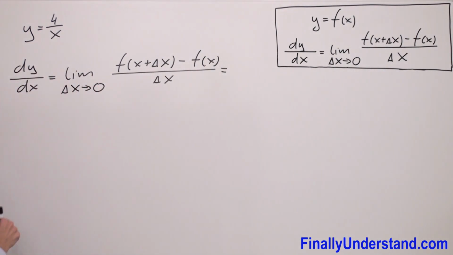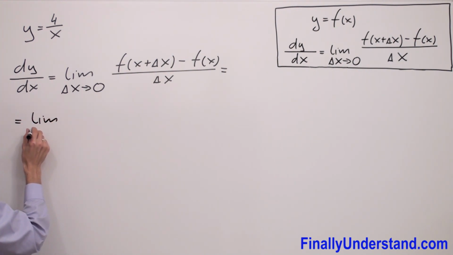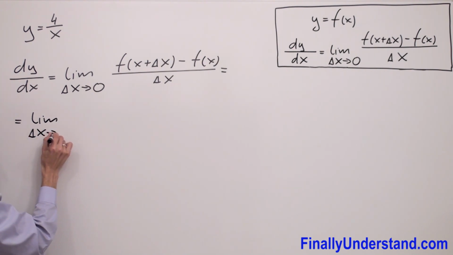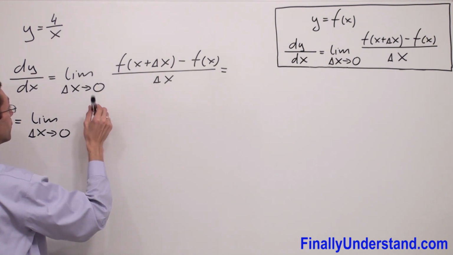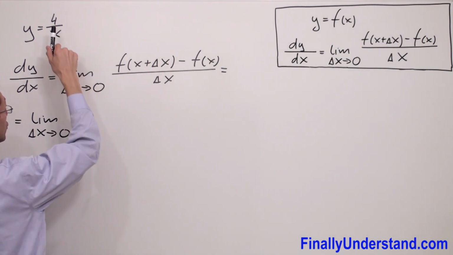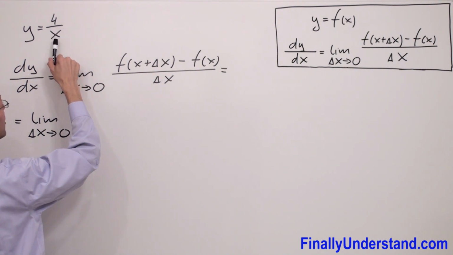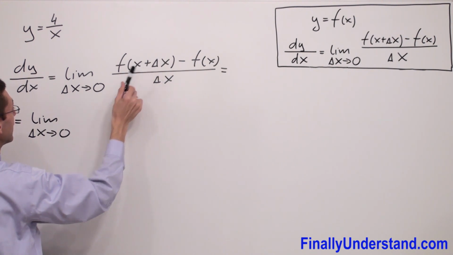So, next, we are going to plug the values into the formula. So, we are going to have the limit as delta x approaches 0 of, and we're supposed to realize that we're supposed to use this fraction, and instead of x, I'm supposed to write x plus delta x first.